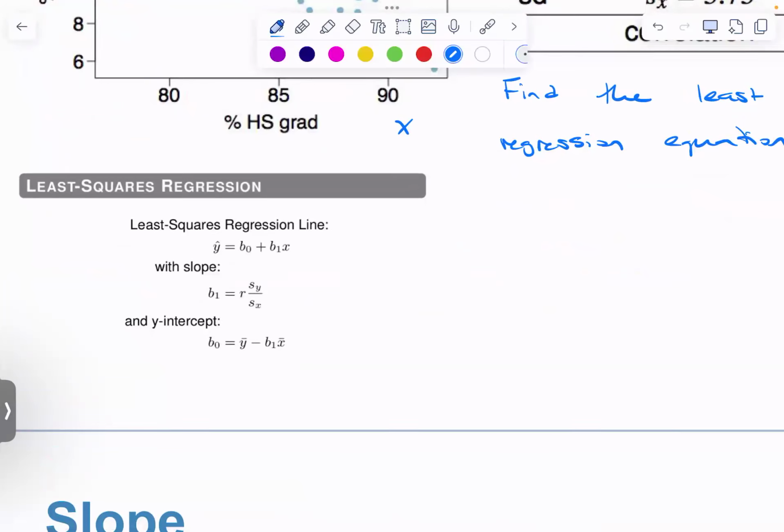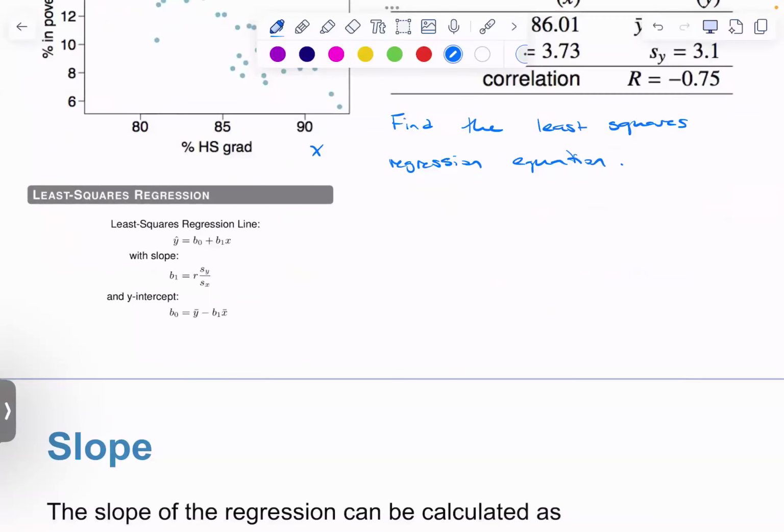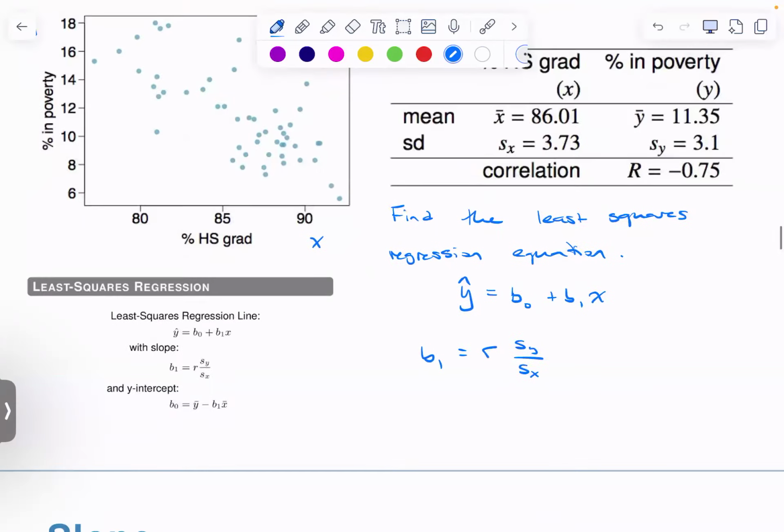We want to find y hat is b naught plus b1 times x. I give you the values in the order that you're going to calculate them. And so first we're going to find b1, the slope, is r times sy over sx.